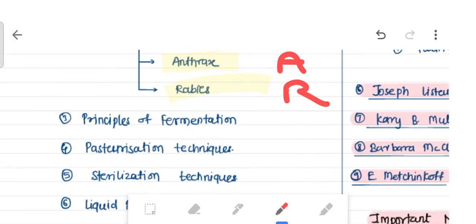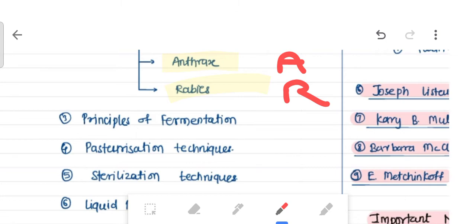Acid can be detected by a pH indicator, but in a few cases gas is the indicator. In the case of gas, we use the Durham's tube, in which a bubble is produced. And organisms that produce acid can be identified by the pH indicator.